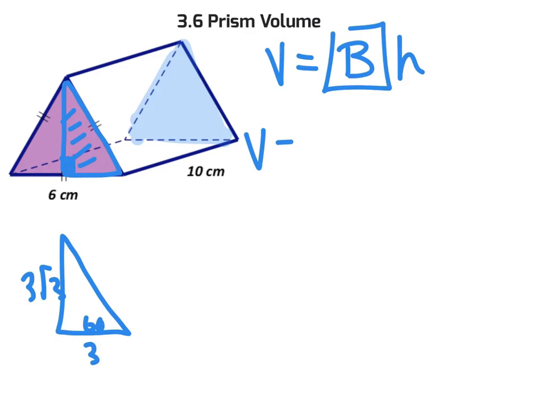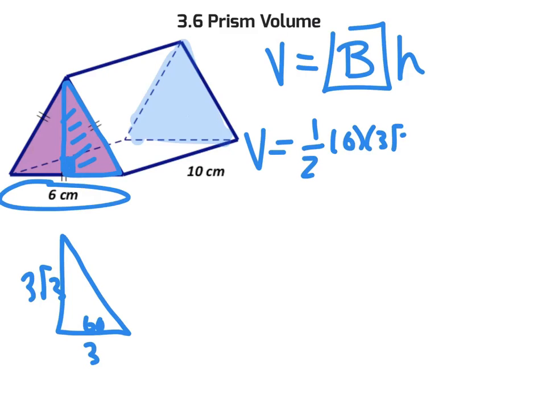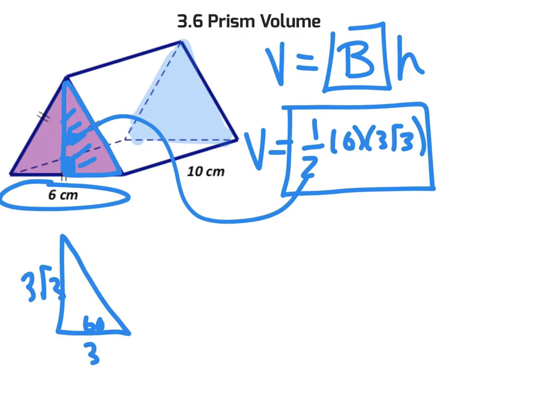So let's plug it all in. My base is a triangle. It would be 1/2 the base, which is 6, times its height, which is 3 root 3. All of that was just to get my base, and now I'm going to stack it over a total of 10 centimeters.